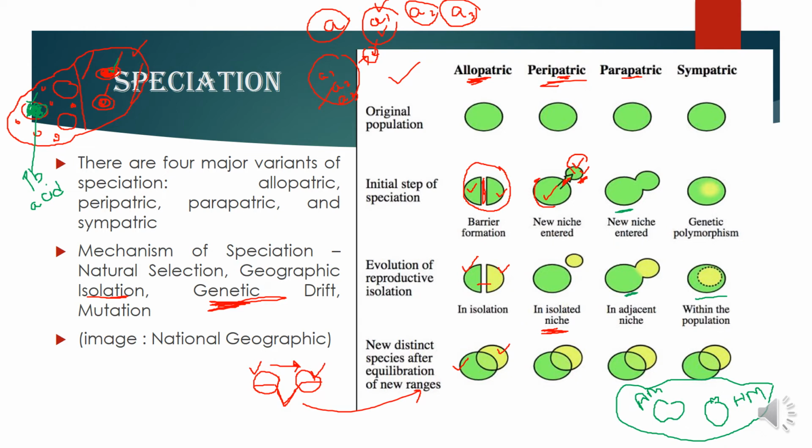Earlier there were only hawthorn maggots, but later, due to the introduction of apple, this type of maggot also started infesting apples.